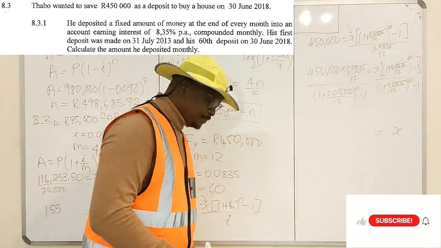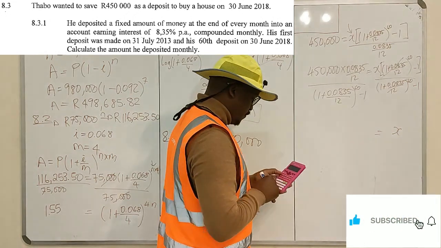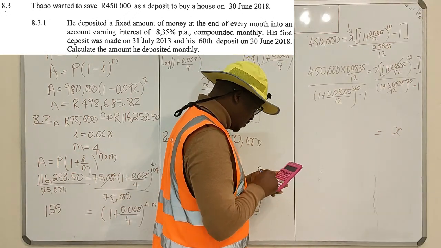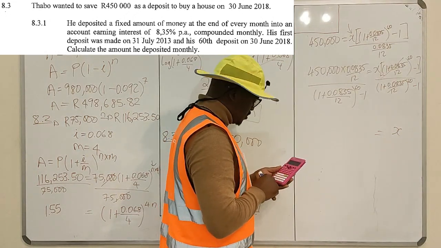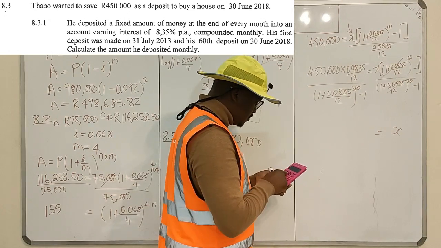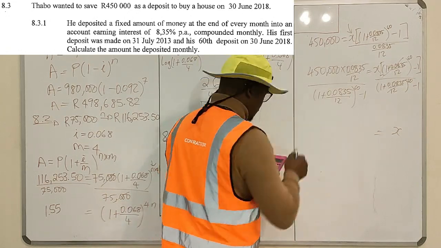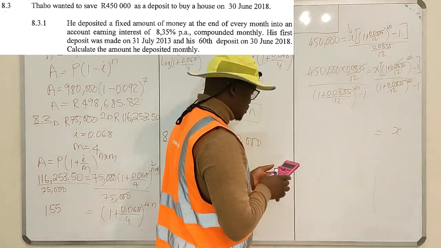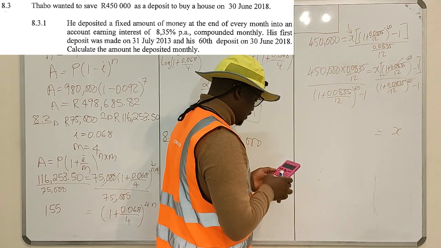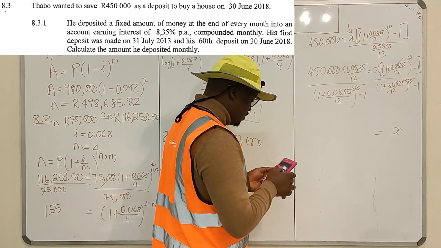So, what do we say? We say, okay, 450,000, right, times 0.0835 over 12, all divided by this, which is 1 plus 0.0835 over 12 raised to 60 minus 1.